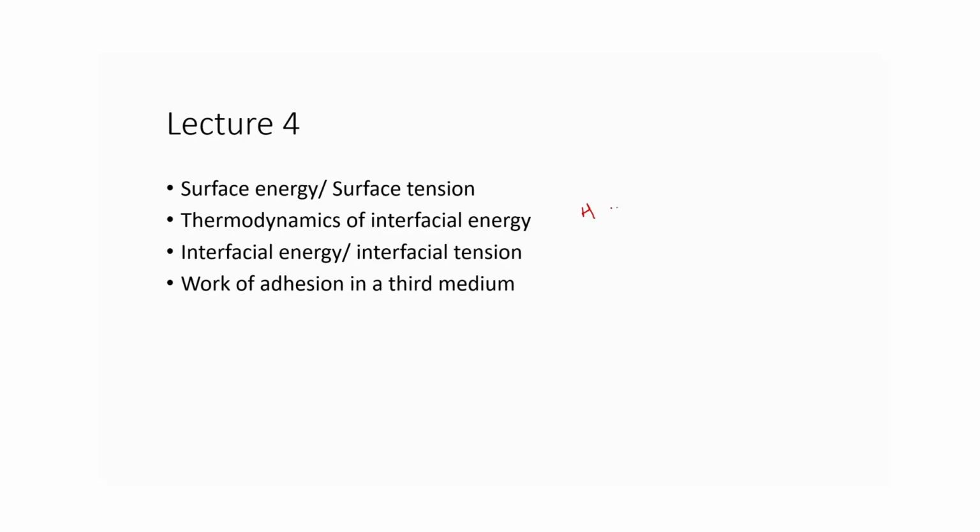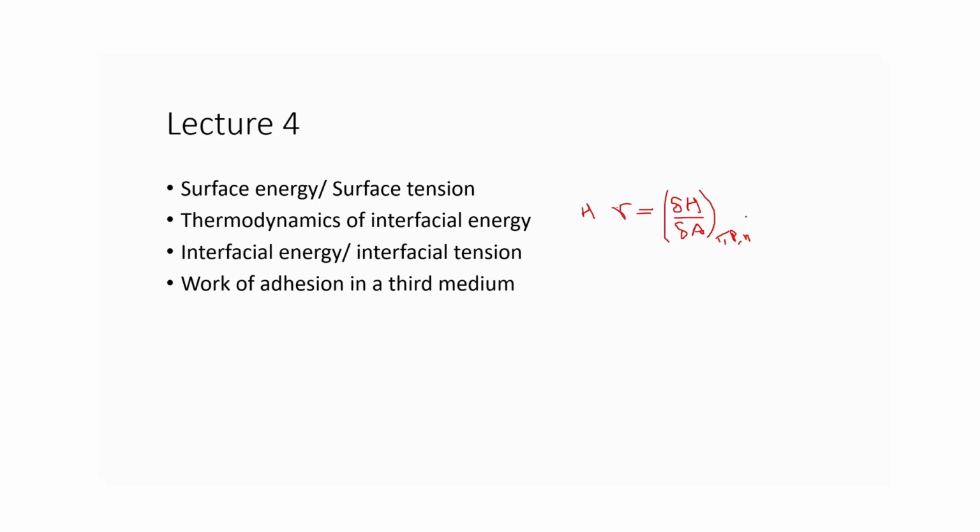So the surface energy gamma is related as change in enthalpy delta H per unit change in area, at constant T, P, N, where T is temperature, P is pressure, and N is the composition.